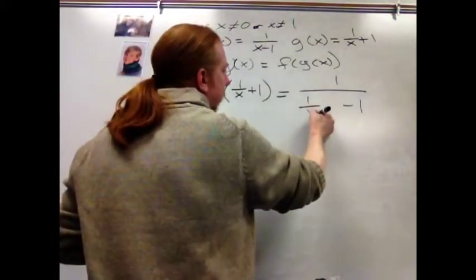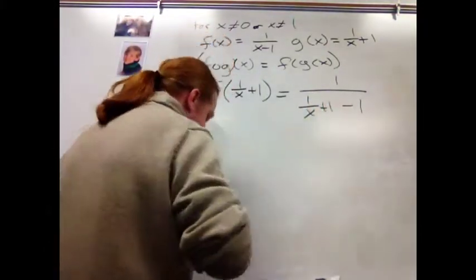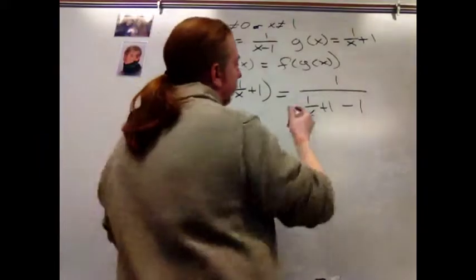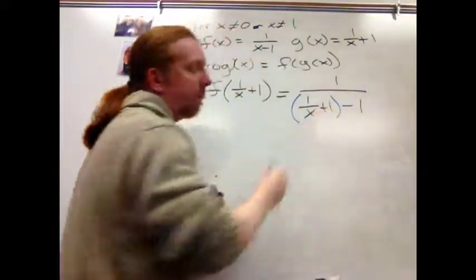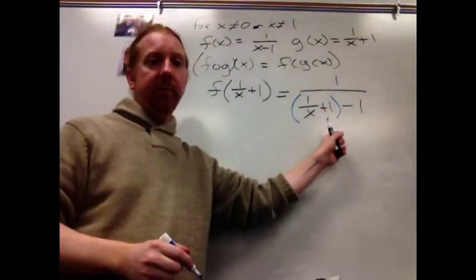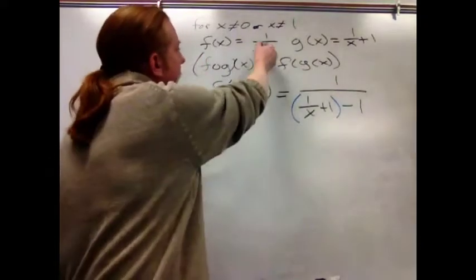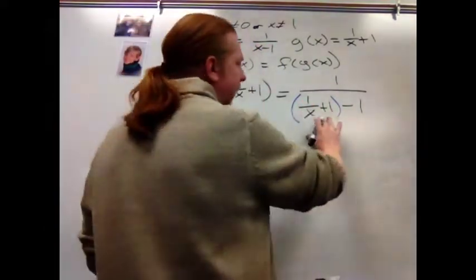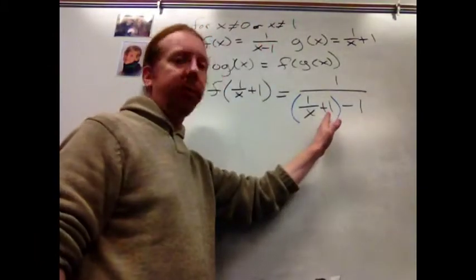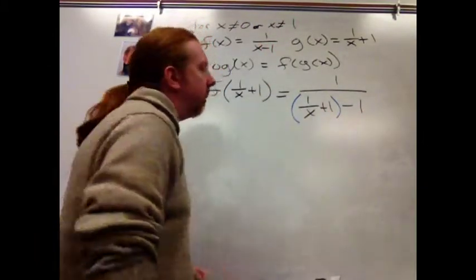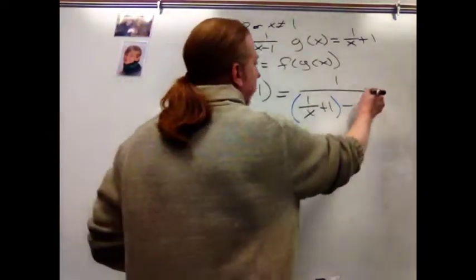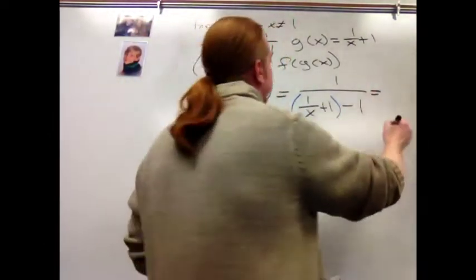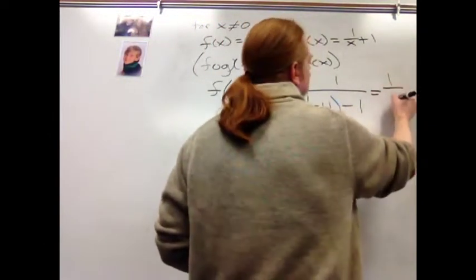It's 1 over x plus 1. Remember, that's my g. The g replaced the x. So now I have to simplify. If I look at this denominator, I have plus 1 and I have minus 1. So I'm going to go ahead and cancel those out. And this is simply going to become 1 over x.